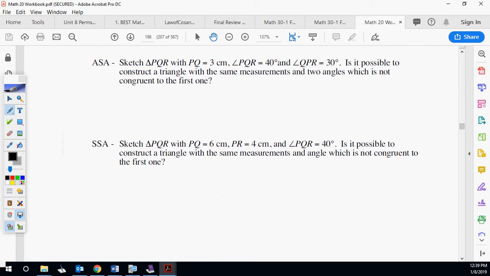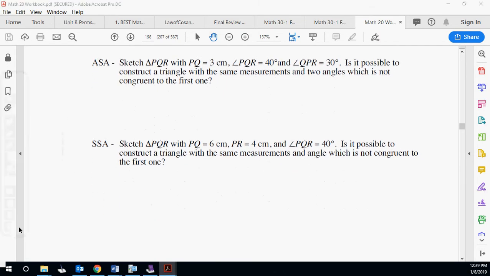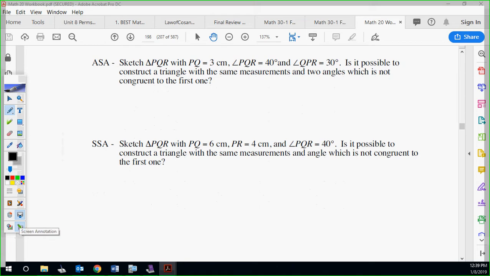All right, now let's look at angle, side, angle. Let's see what you guys think about this one. So angle, side, angle, we're going to go P, R, Q. We're going to say PQ is 3, PQR is 40, and QPR is 30.